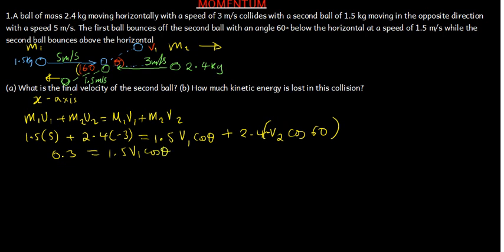Again, we can just take cos 60, which is 0.5. 0.5 multiplied by 2.4, remember it is negative there, so it's giving -1.2 v2.